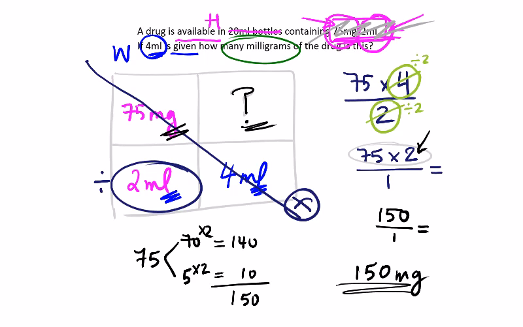If we wanted, we could also check by looking at the proportions. 2 mils went up to 4 mils. It doubled, so we multiplied by 2. 2 times 2 would be 4. So the 75 would need to keep the same proportion. If we timed by 2, we would get the answer. And 2 times 75, as we know, is 150 milligrams.